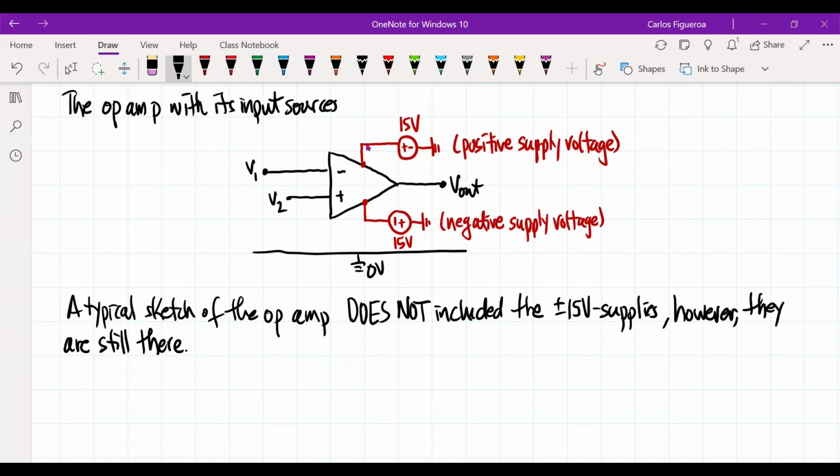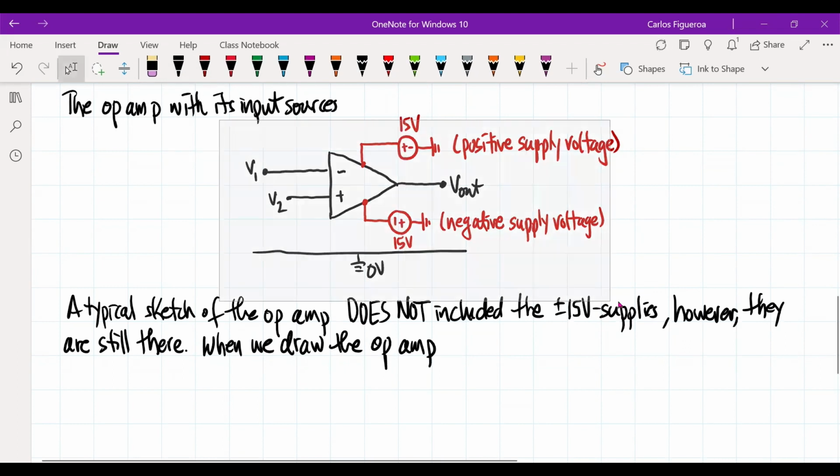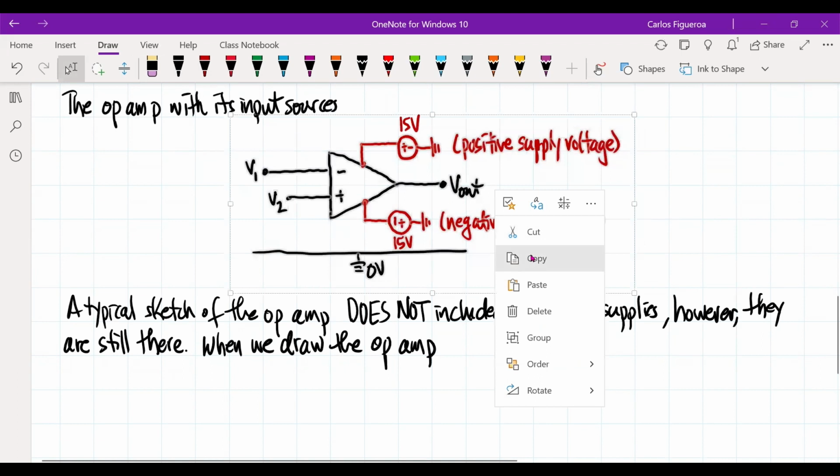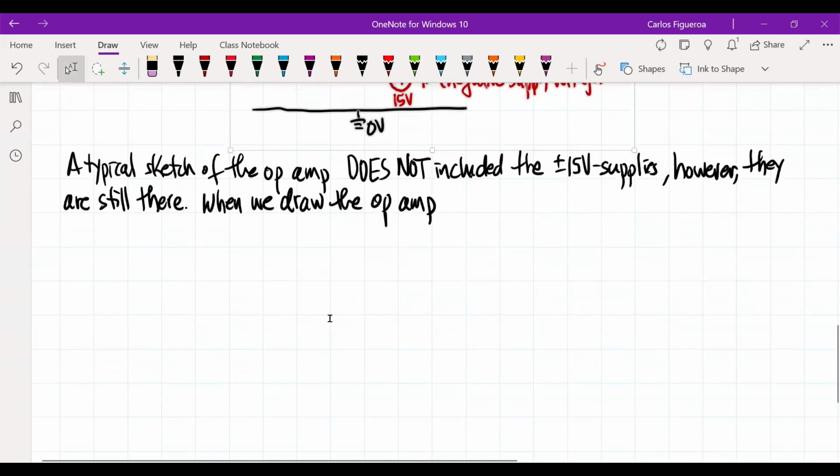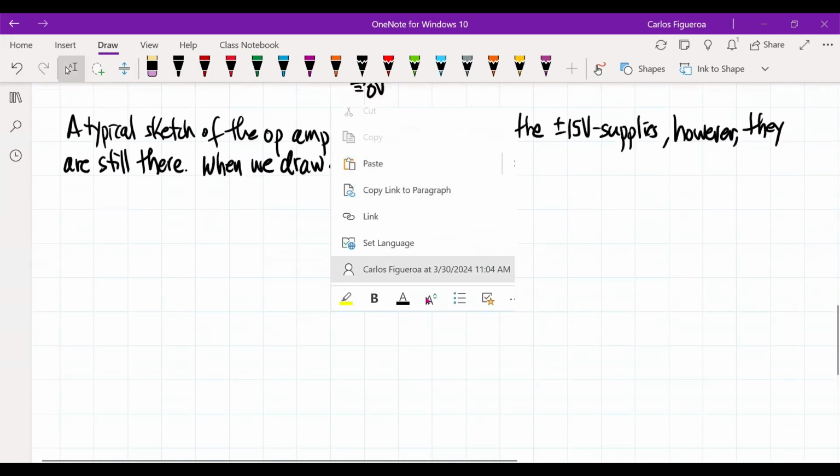So how do we typically draw the op amp? When we draw the op amp, it's going to look like this. I'm going to copy this. Now I'm just going to edit it.